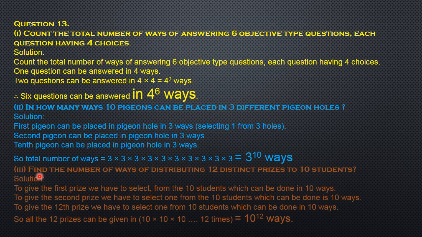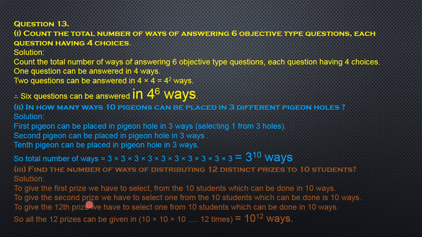Next, third subdivision. Find the number of ways of distributing 12 distinct prizes to 10 students. To give the first prize, we have to select from the 10 students, which can be done in 10 ways. So there are 10 possibilities to give the first prize, or any one of the prizes from the 12 distinct prizes.